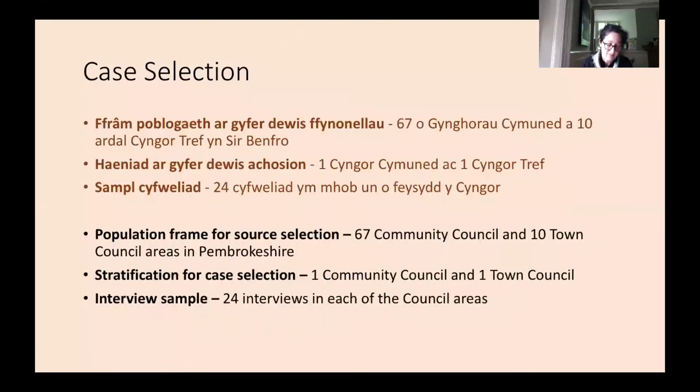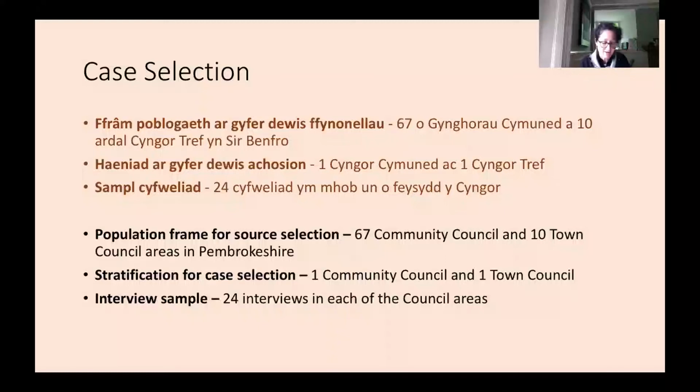Case selection. As can be seen on the slide, the population frame for source selection is 67 community council and 10 town council areas in Pembrokeshire. The stratification for this case selection is 1 community council and 1 town council, and the interview sample is 24 interviews in each of the council areas.